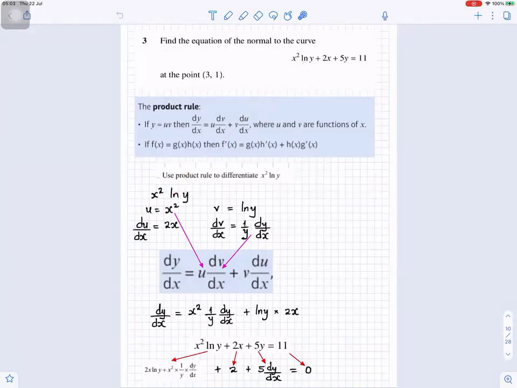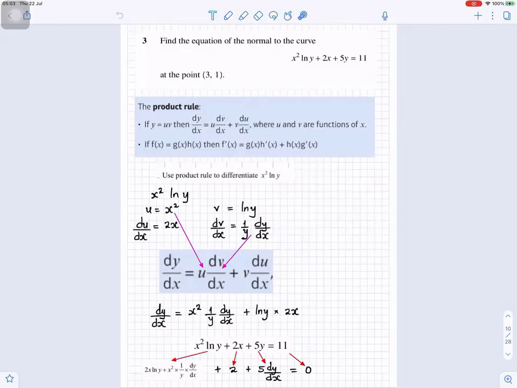So u is x squared, du over dx, differentiating x squared, you get 2x. v is ln y, dv over dx is differentiating ln y, you get 1 over y dy over dx.